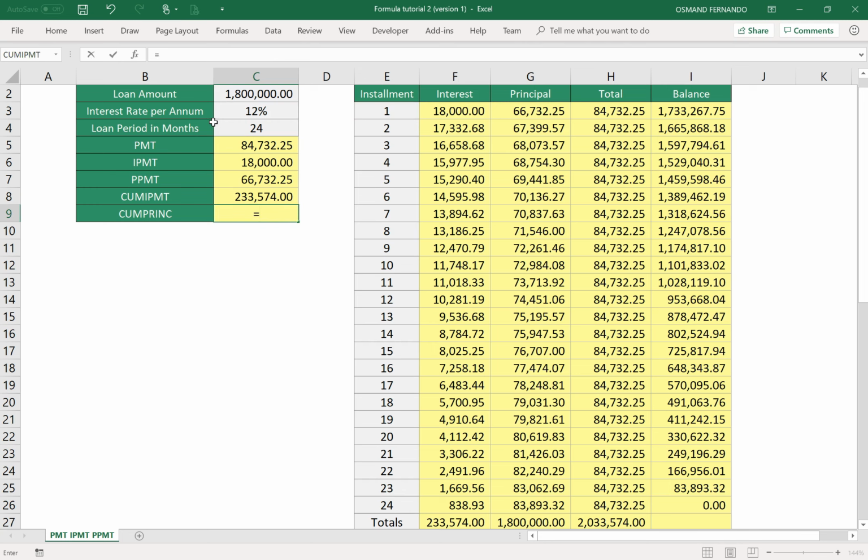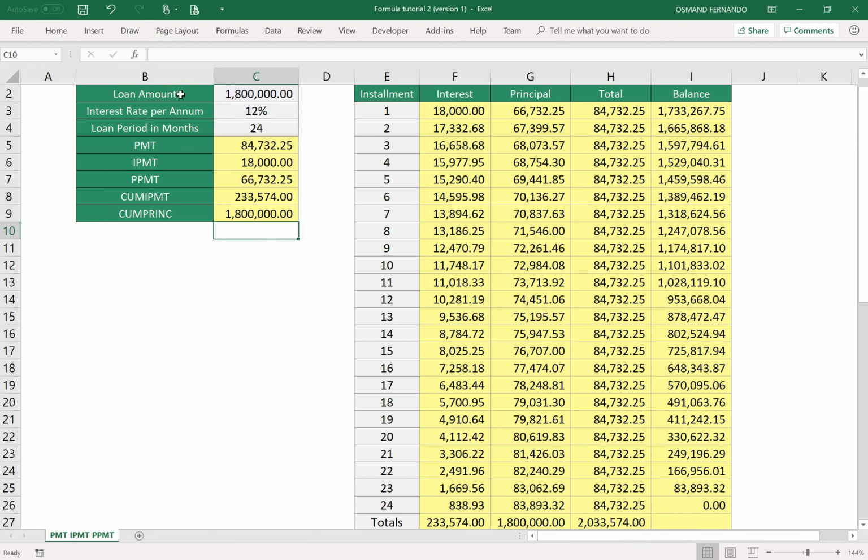Same way, the cumulative principal, CUMPRINC, open parenthesis, rate divided by 12, comma, the total number of payments 24, comma, present value, comma, start period, comma, end period, comma, type 0, because payment is made at the end of the period, close parenthesis, hit enter. 1.8 million, the total capital, and let's make this positive also.